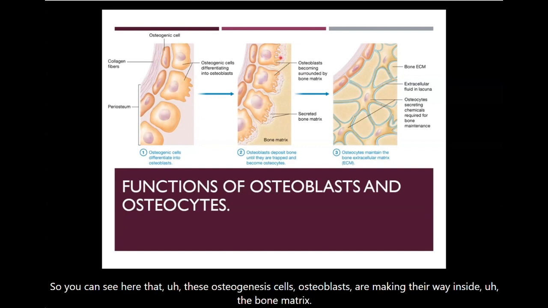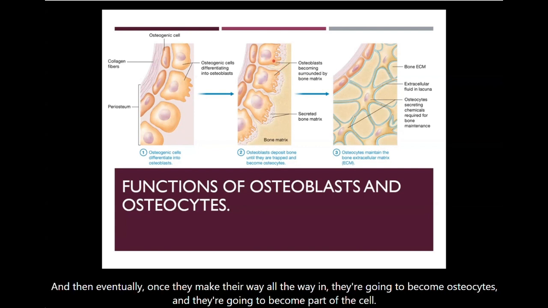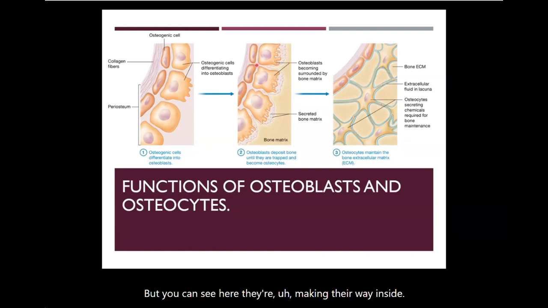You can see here that these osteogenic cells, osteoblasts, are making their way inside the bone matrix, and then eventually, once they make their way all the way in, they're gonna become osteocytes and become part of the bone. But you can see here they're making their way inside, being surrounded by the bone matrix, right? And then eventually, they're gonna make their way all the way inside.